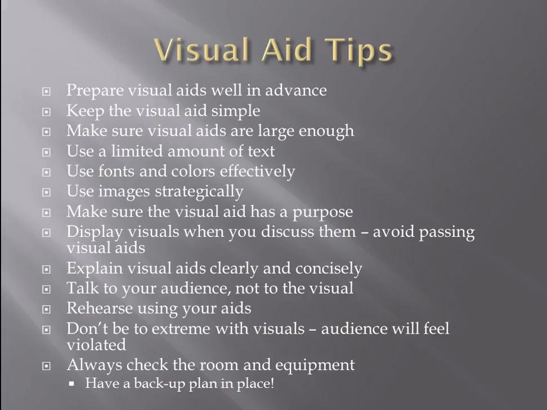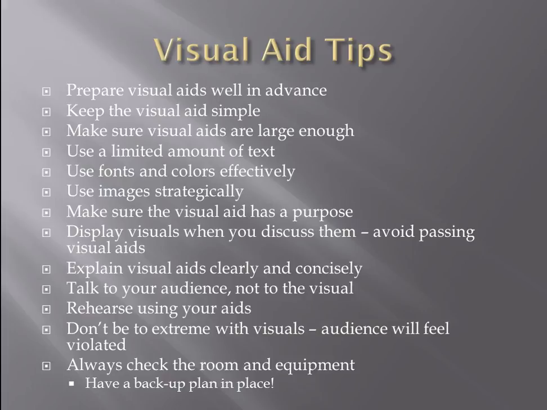You want to use a limited amount of text on the visual aid. You want to use fonts and colors effectively, not overpowering. Use images strategically. Make sure that the visual aid has a purpose. If it doesn't have a purpose, you don't need to use it. It's better to use no visual aid at all rather than a poor visual aid. You only want to display the visuals when you're discussing them.